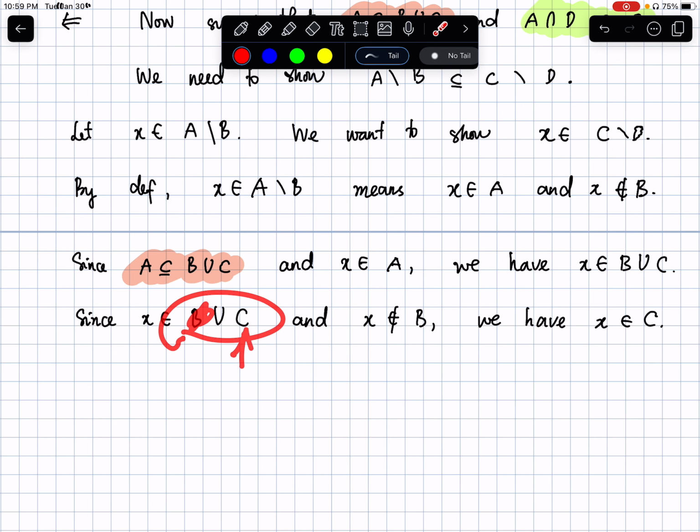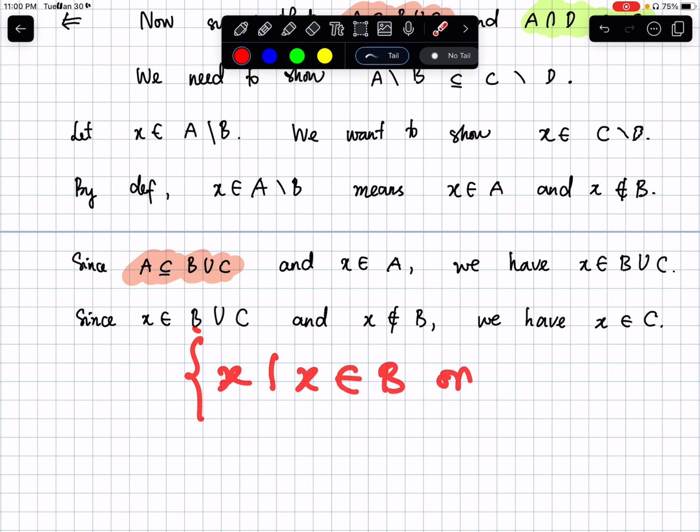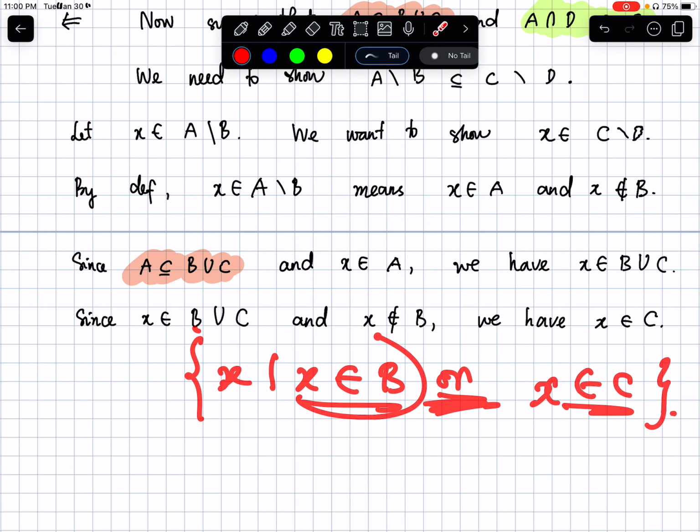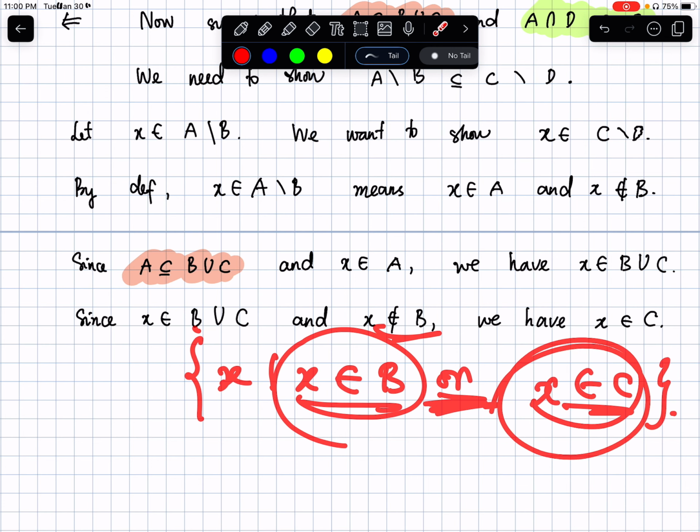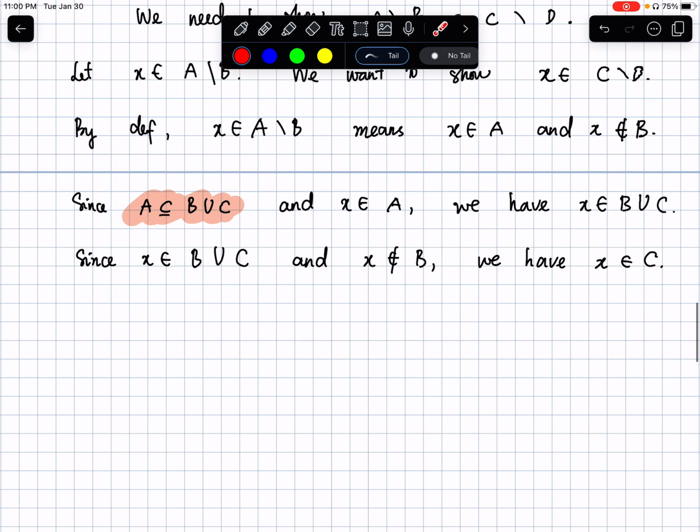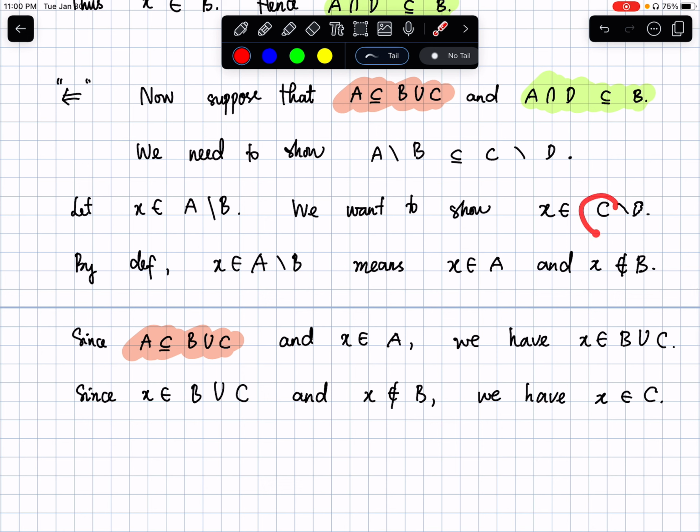Therefore, x must be in the other part, right? The union of B and C is just the set of all elements x such that x in B or, this is a logical or, x in C, or maybe in both. x not in B, therefore x must be in C. Okay, so we already showed this part, x is an element of C.